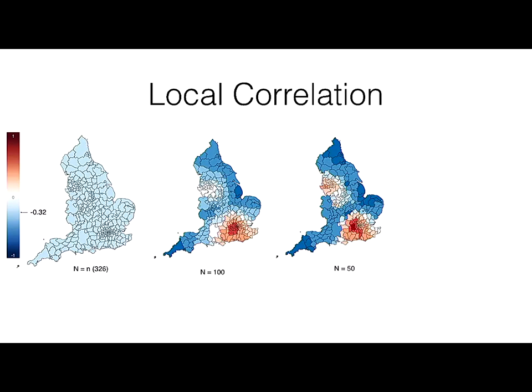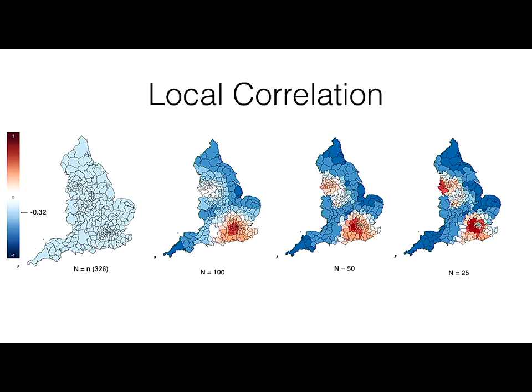As we decrease the number of neighbours, we start to get quite a detailed pattern. The northern cities start to appear, and for the 25 neighbours, it's really, really clear that the centre of London is very different from the outskirts, and we see this pretty interesting pattern of the country.